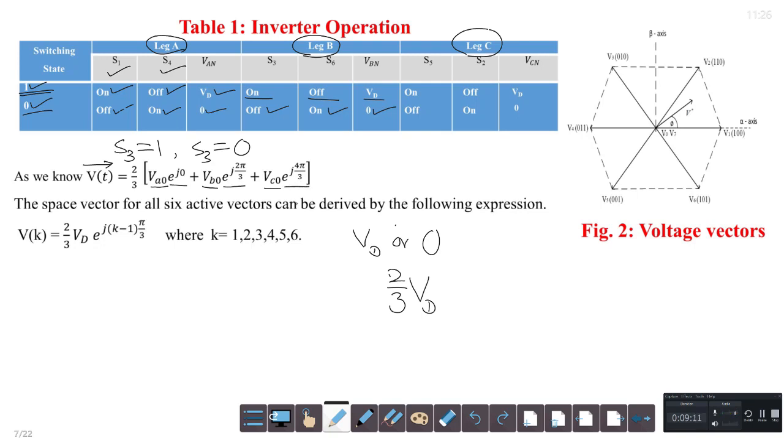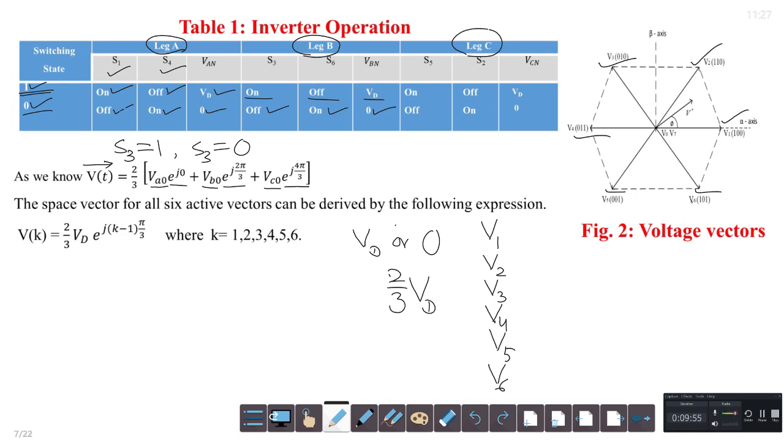Accordingly, there are 6 active switching states, V1, V2, V3, V4, V5 and V6, the 6 active voltage vectors. V1 corresponds to switching state 1 0 0, V2 to 1 1 0, V3 to 0 1 0, V4 to 0 1 1, V5 to 0 0 1, and V6 to 1 0 1.